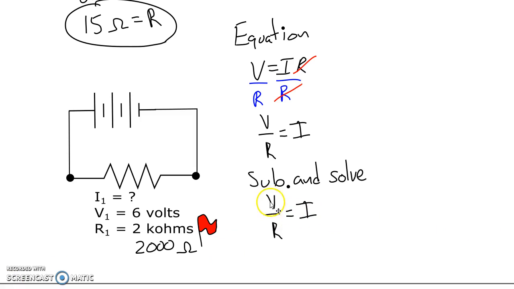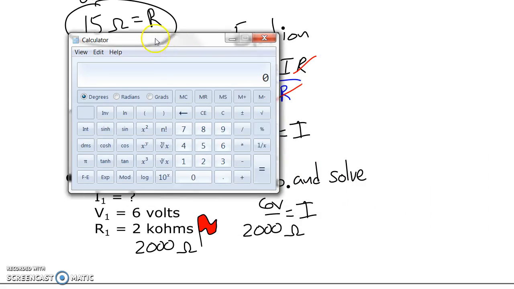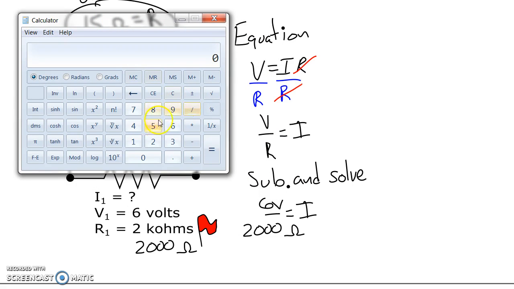So I've got my equation here. If I take my V out and put in the V that I know, 6 volts, it goes in here. Taking out my R and putting in the value that we actually know, that's 2,000. When I take 6 volts divided by 2,000, let me bring my calculator back up again. Calculator right here, we're taking 6 divided by 2,000.